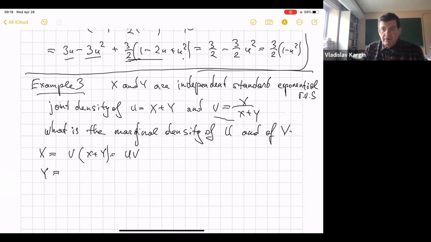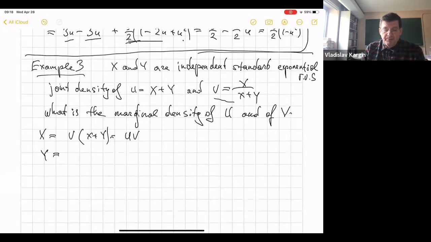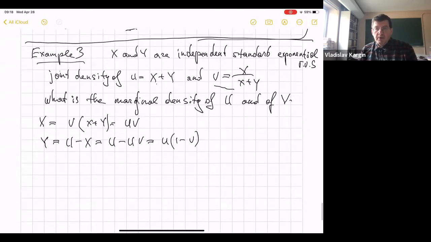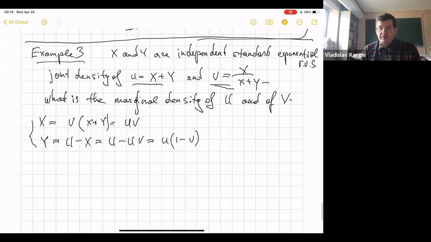Y is equal to, now that you know X already, you can figure out that Y is equal to U minus X. So it's equal to U minus UV, which you can write as U times 1 minus V. So this is the direct transformation, and this is the inverse transformation.